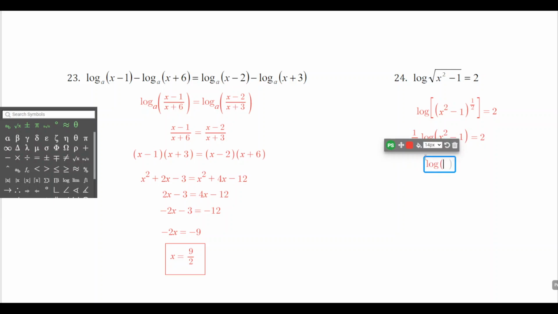So just kind of simplifying that a little bit, doing a little trickery here to get rid of that square root.